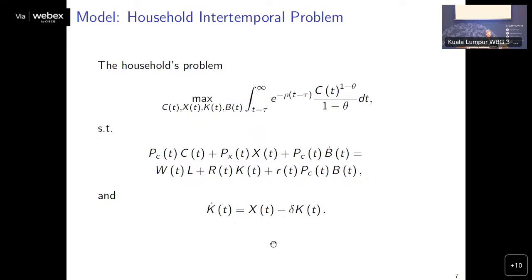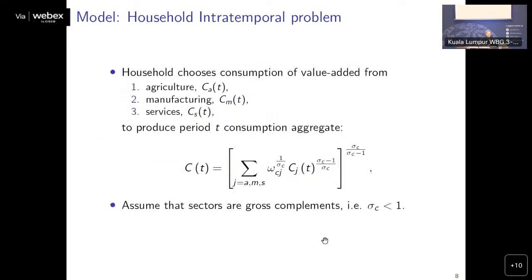And then there's a capital accumulation, standard capital accumulation equation, which is rate of change of capital is your investment minus your depreciated capital. This is what I presented yesterday. Consumption in agriculture, manufacturing, and service value added have different weights here. Sigma C is going to be the elasticity of substitution.